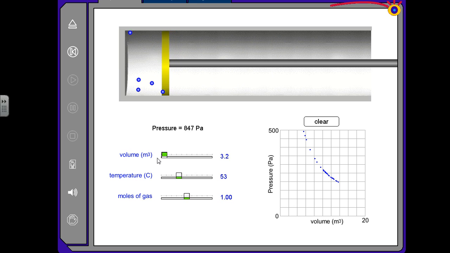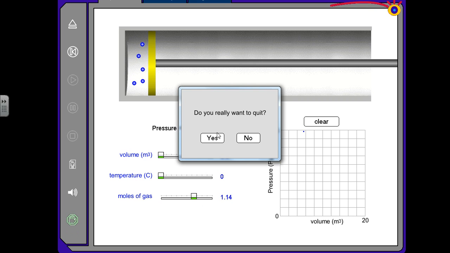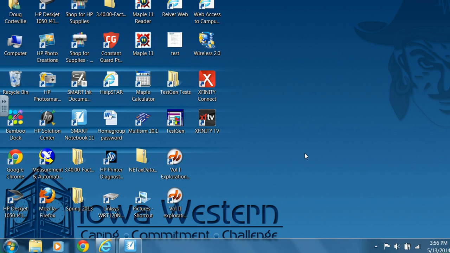I forget where it said to put the volume. So I'm going to put the volume someplace, and I'm going to put the temperature someplace that it told me to put it. But I forget what those two things were. I'm going to hit clear, and I'm going to move the moles up and down. Is that what it said to do? Probably not. I forgot already. All right. So we'll quit. We'll get out of here. We'll go back.